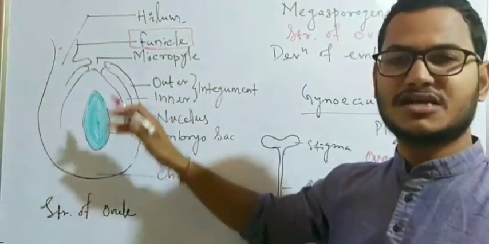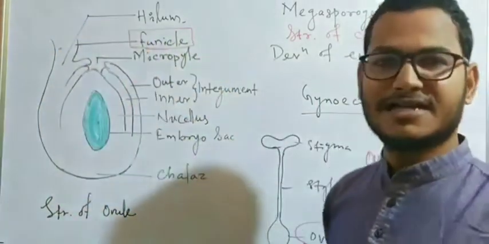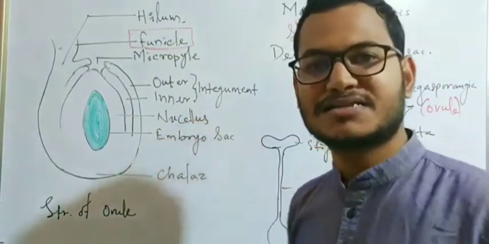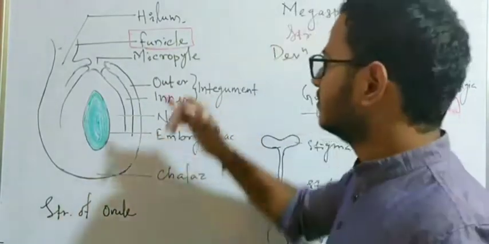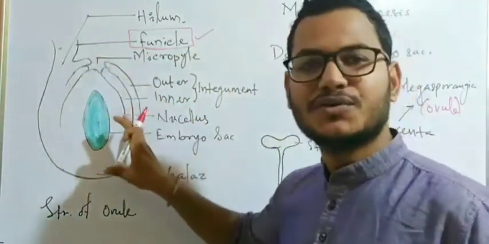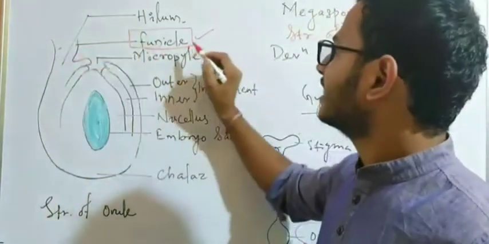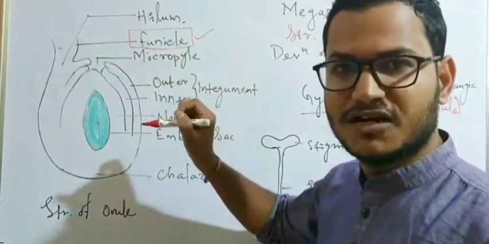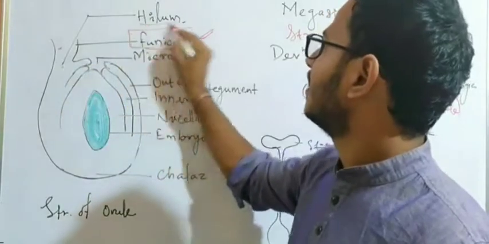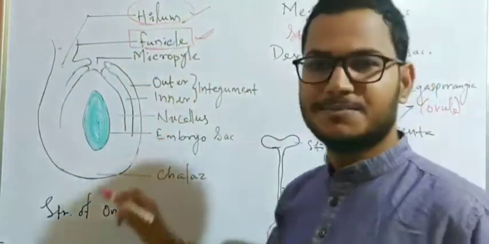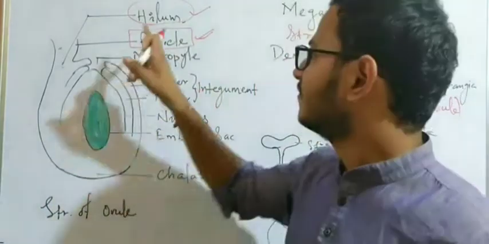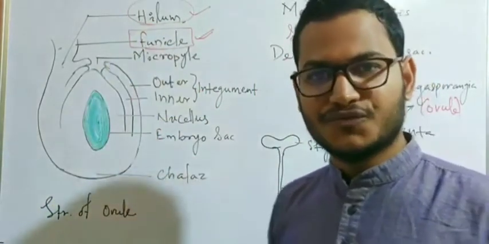We studied the structure of the placenta in class 11, and here the funicle is responsible for attaching the ovule to the placenta. The attachment point of the funicle with the ovule is known as the hilum.